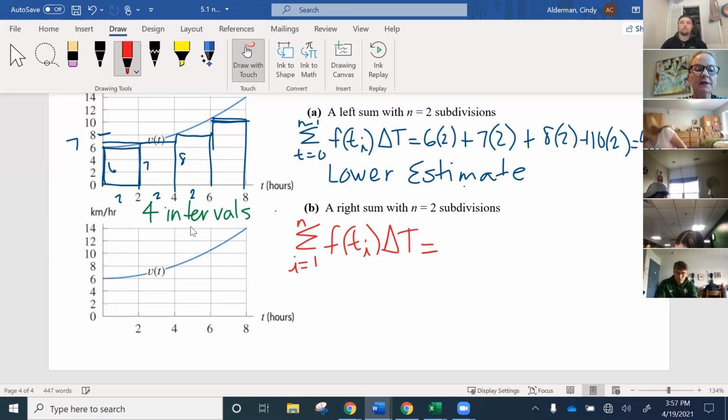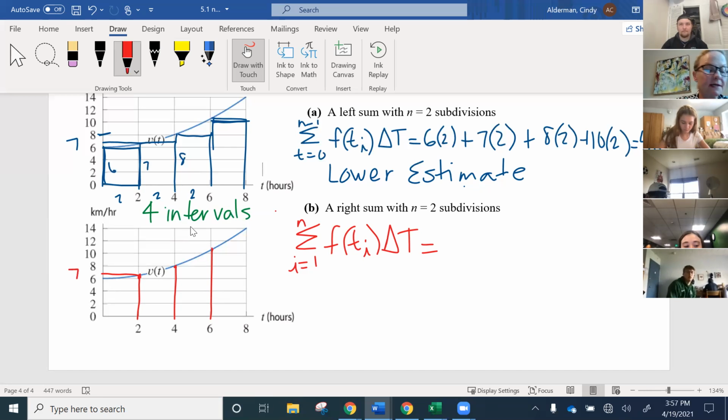Okay, so this time we're going to start with, remember, if it's a right sum, it's where it hits the graph on the right side. So let's draw those in. If you draw it on the right side and then go directly over, this is going to be somewhere like 7, right?